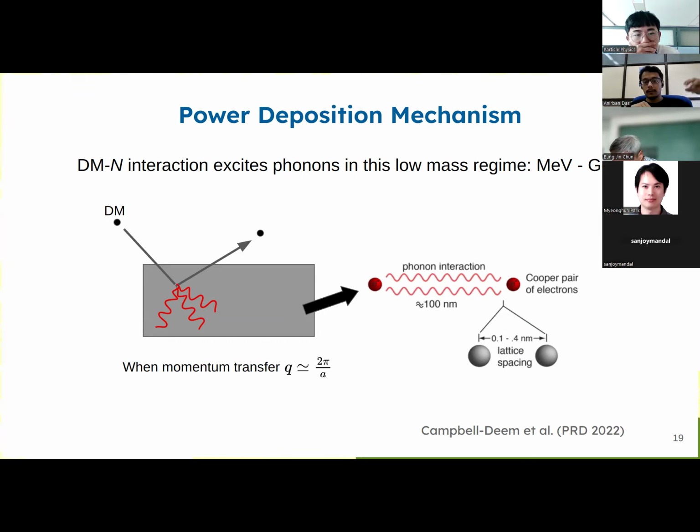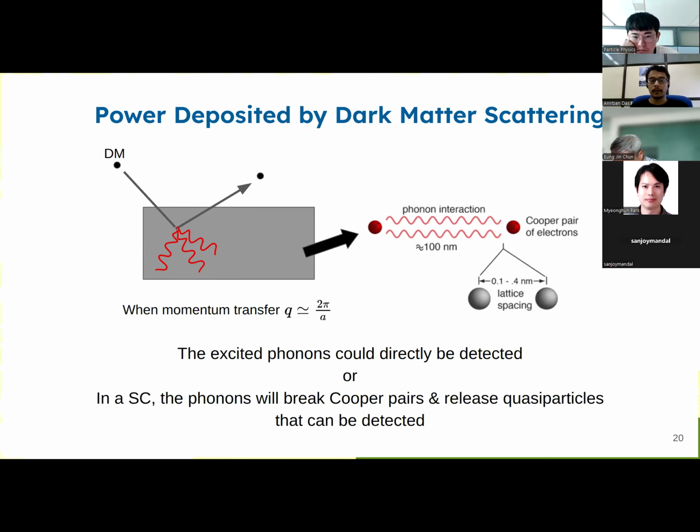And now we can see that when you deposit a bunch of extra phonons in the system, these phonons will then mix with these phonons within the Cooper pair, and they can break some of these Cooper pairs. And when a Cooper pair is broken, it releases charged particles, and these are called quasi-particles in the condensed matter community. And these quasi-particles can be detected by some sensors.